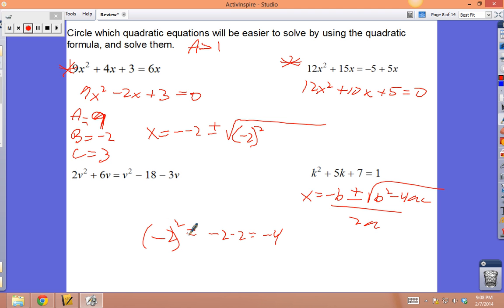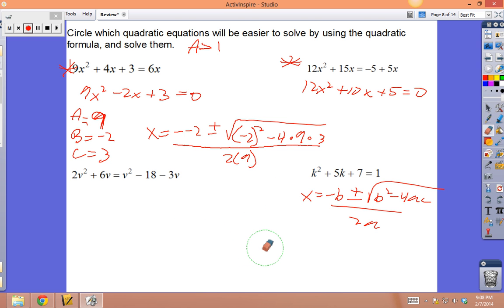And negative 2 times negative 2 is going to give you positive 4. You want a positive 4, not negative 4. But the calculator is going to mess you up. Minus 4 times a times c. All of this is going to be over 2 times a.